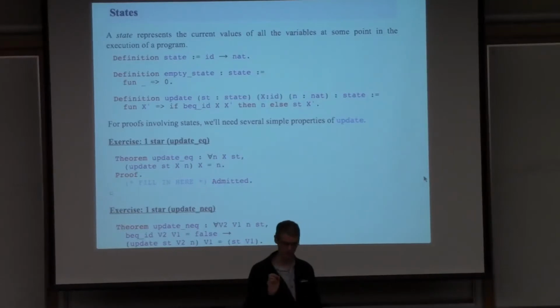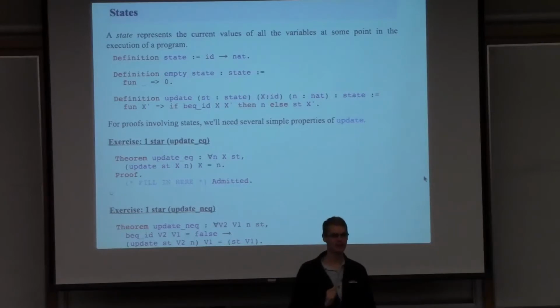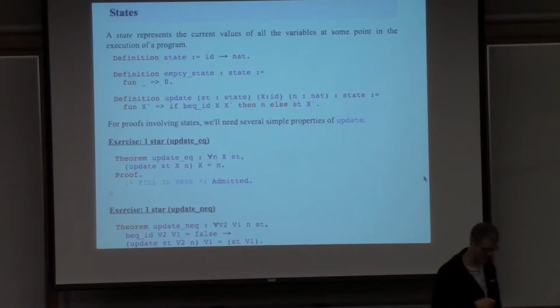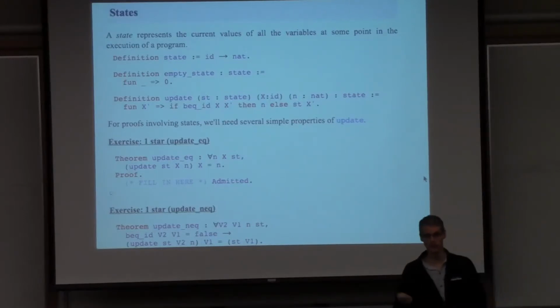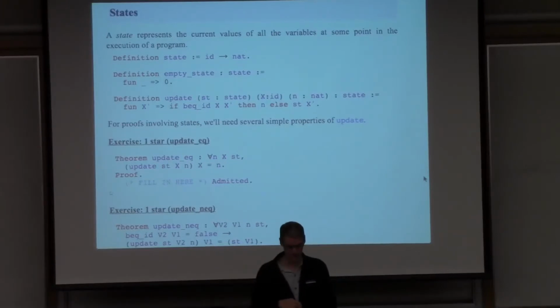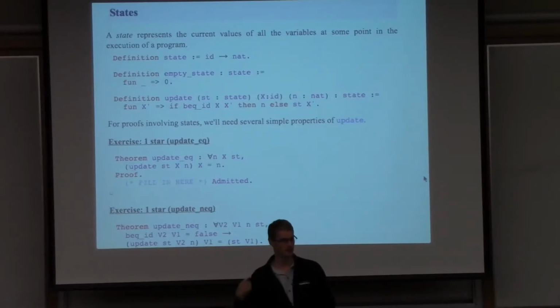But the point is that if you try a particular way and find that you're doing a lot of low-level plumbing that's annoying you, try changing the definitions. Keep looking for the optimal definitions for doing the reasoning that you want, rather than just taking the definitions that you had on paper, transcribing them into Coq, and trying to power your way forward.